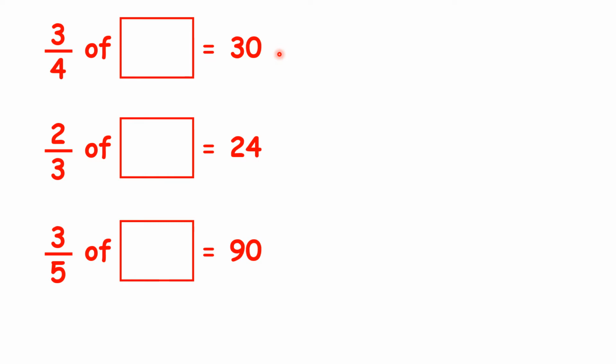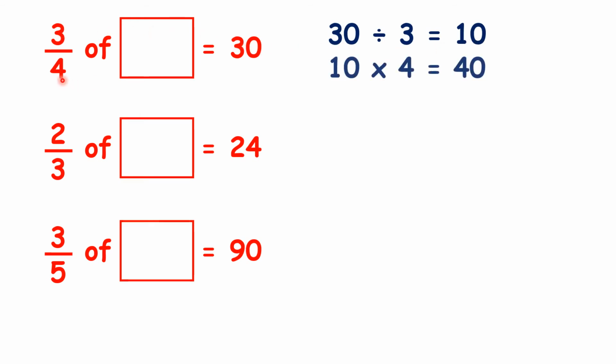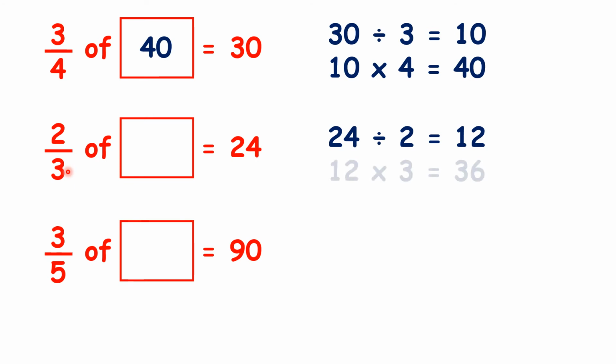For this first question, if we know that 3/4 is 30, then we can divide by 3 to find how much is in 1/4, and then we can multiply by 4 to find the whole quantity, so that's 40. For 2/3 of 24, to find our whole quantity, we can divide by 2, then multiply by 3.